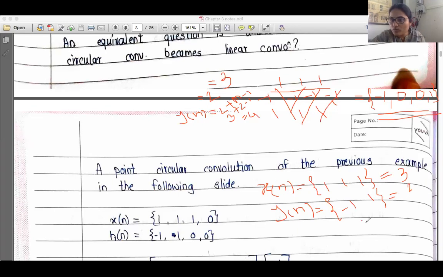So length of output, let's say this is h of n actually. So length of output sequence y of n, it is equal to 3 only in the circular convolution. Linear convolution मध्ये length किती आली? ह्याच्यात हा L हा आणि m हा. सो L किती आहे? 3 आहे. m किती आहे? 2 आहे. मग L ची व्हॅल्यू मॅक्सिमम आहे 3 आहे.